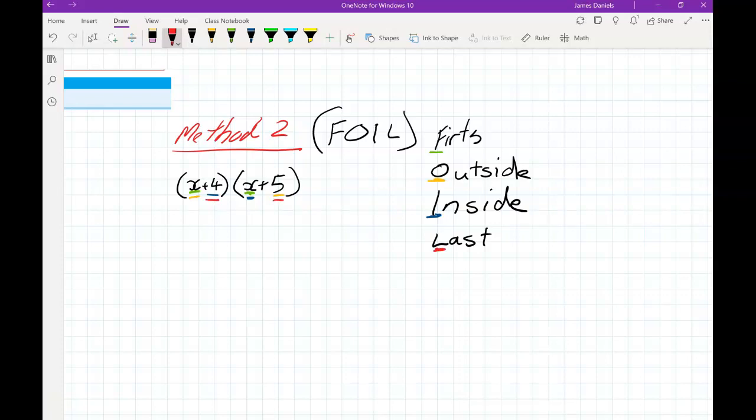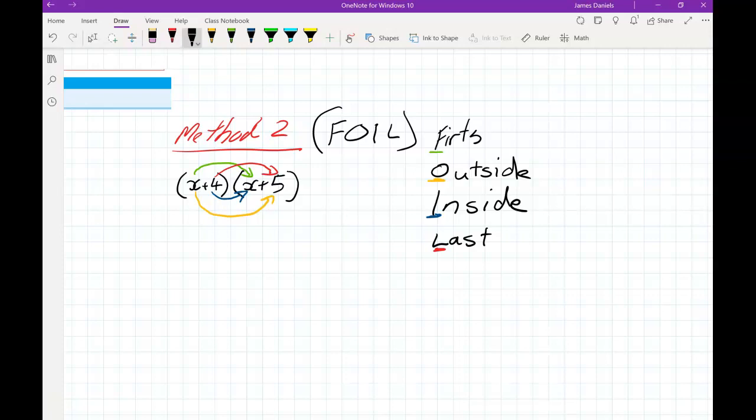And notice here, we're starting to build 4 multiplications. I'm going to use arrows to explain this one. So when we multiply our firsts, the first and the first, I can then multiply the outside. I'm then going to multiply the inside. And finally, we're going to multiply the last two together. So there's 4 multiplications.